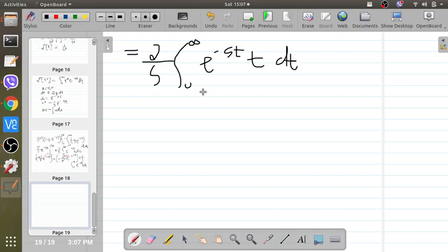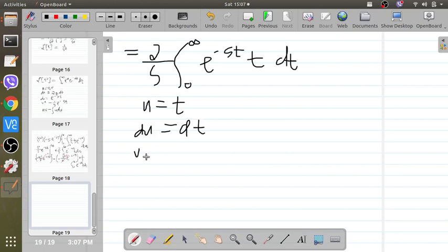So, using integration by parts again, let u be equal to t, du is equal to dt.